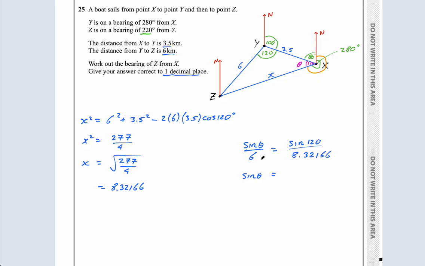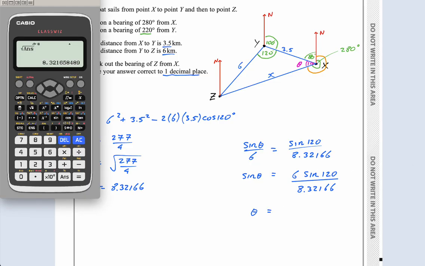So sine theta equals 6 sine 120 over 8.32166, and then theta is going to be the inverse sine of this.